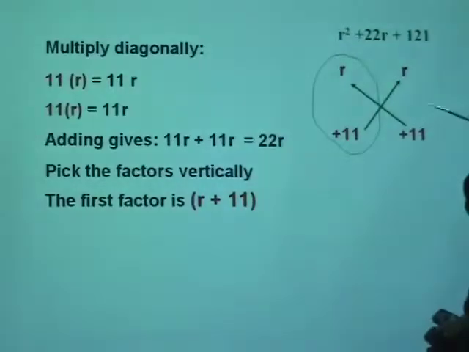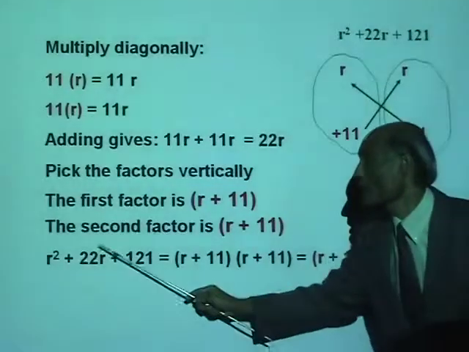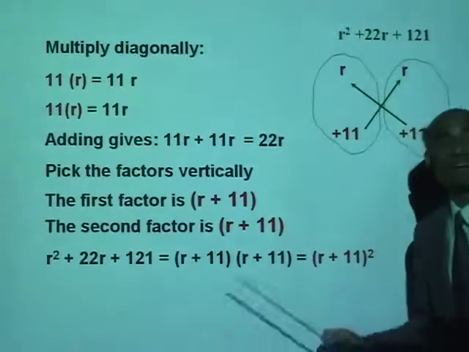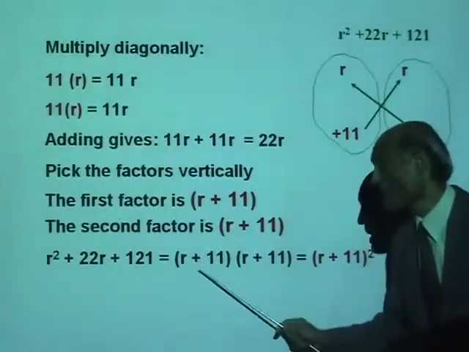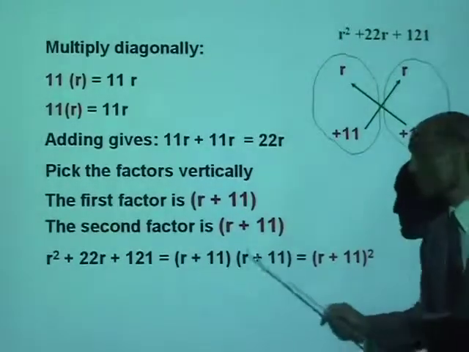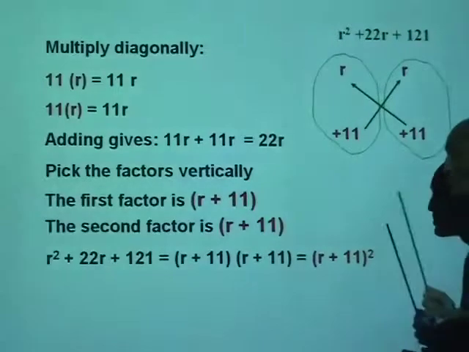The second factor also is r plus 11. And therefore, r squared plus 22r plus 121 is factored as r plus 11 times r plus 11. And we can write it as r plus 11 all to the power of 2.